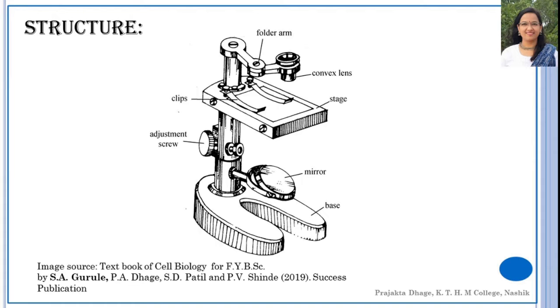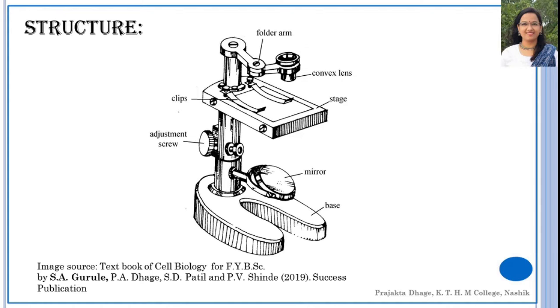It holds the lens in proper position and is provided with adjusting screws or knobs to obtain proper magnification. An adjustable mirror is fitted below the glass stage. It has a plano-concave surface to focus the converging rays of light on the object. So this was all about the simple microscope.